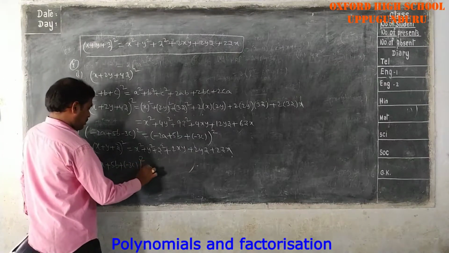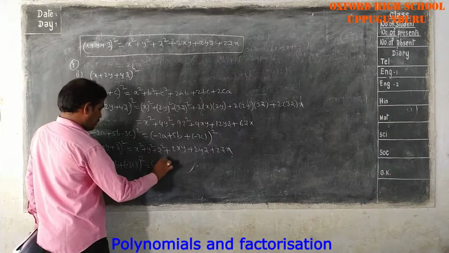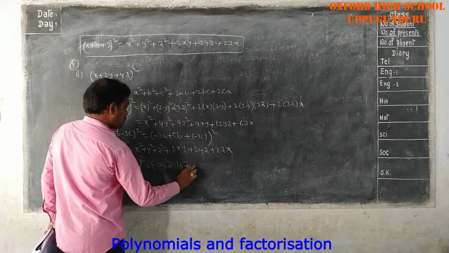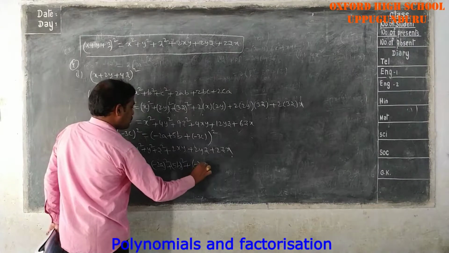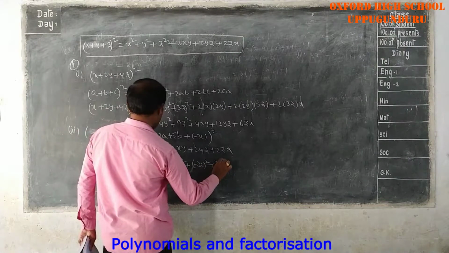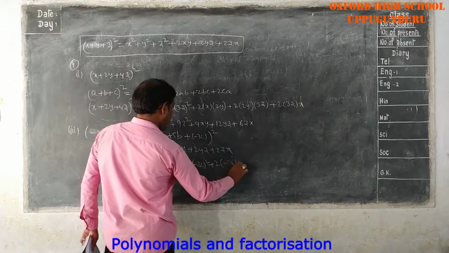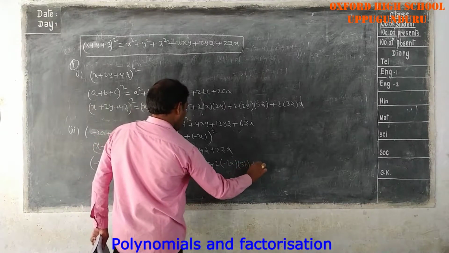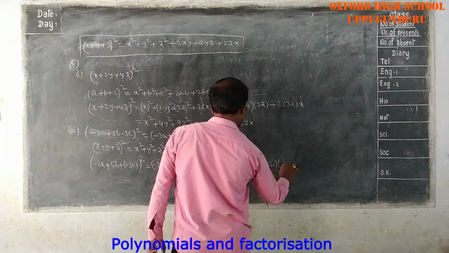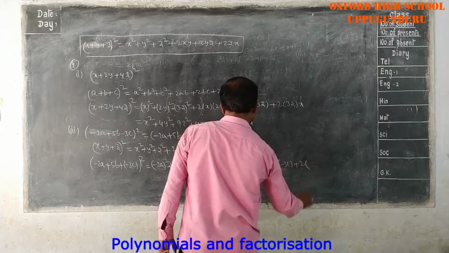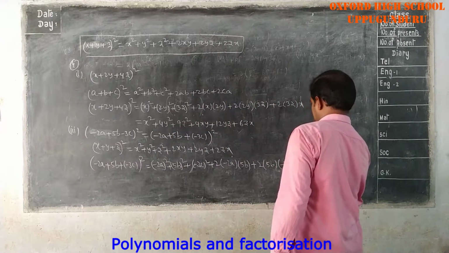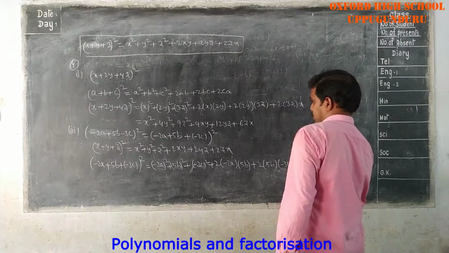Whole square equal to minus 2a whole square plus 5b whole square plus minus 3c whole square plus 2 of minus 2a into 5b plus 2 of 5b into minus 3c plus 2 of minus 3c into minus 2a.